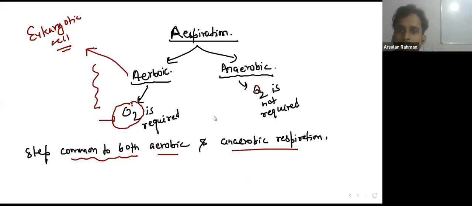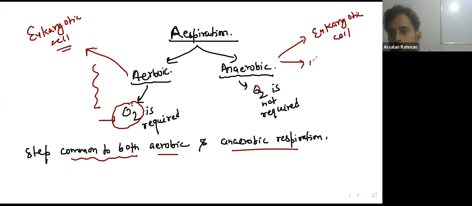Anaerobic respiration can occur in both eukaryotic and prokaryotic cells. You don't have to worry about the difference right now.